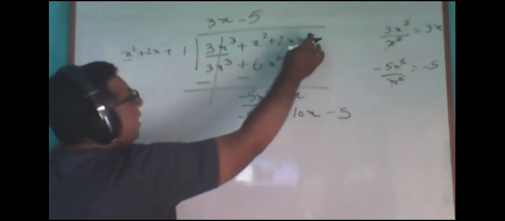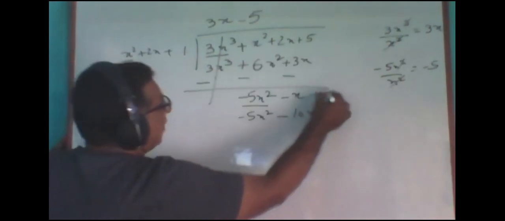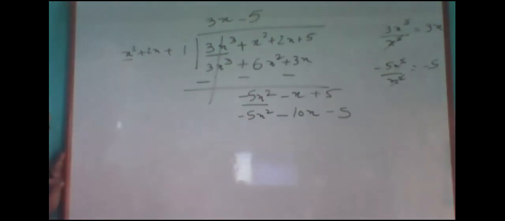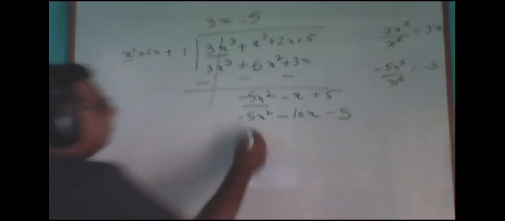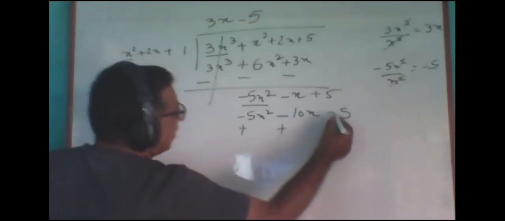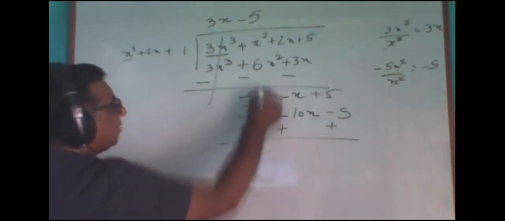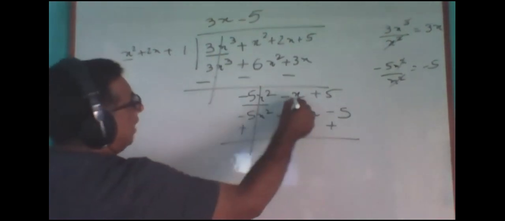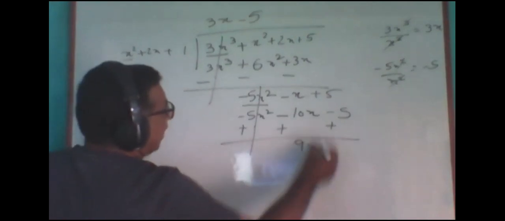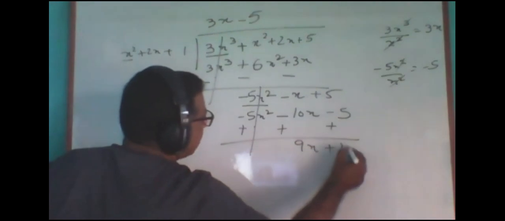Now over here I can also bring down this 5, so plus 5. Fine, now I'll change the sign. Minus 5x square plus 5x square gone. Minus x plus 10x, 9x. Plus 5 plus 5, plus 10.